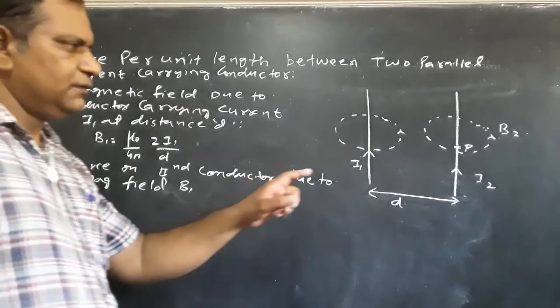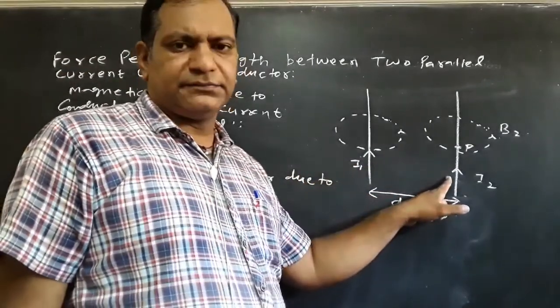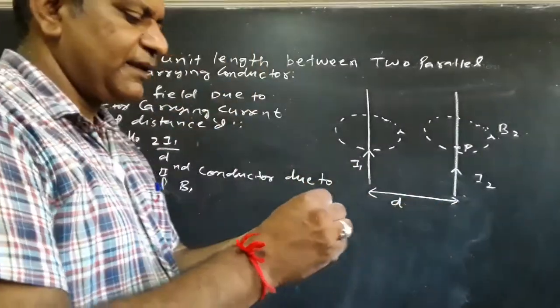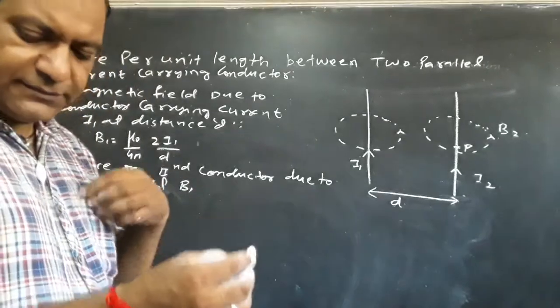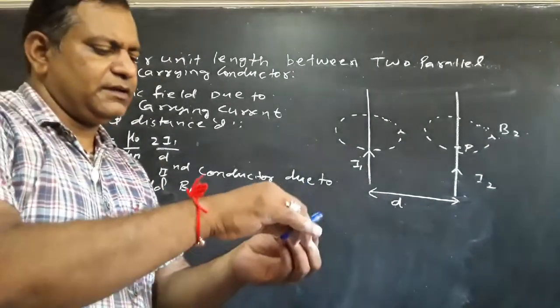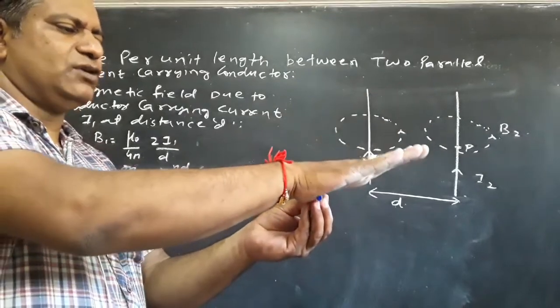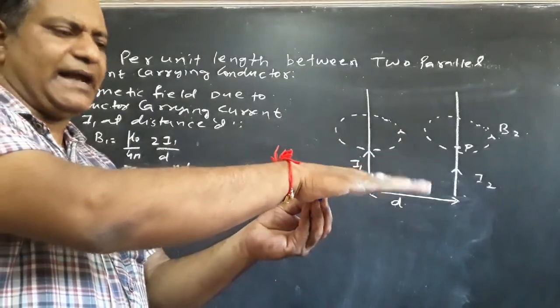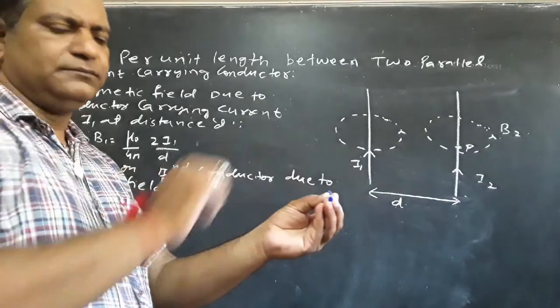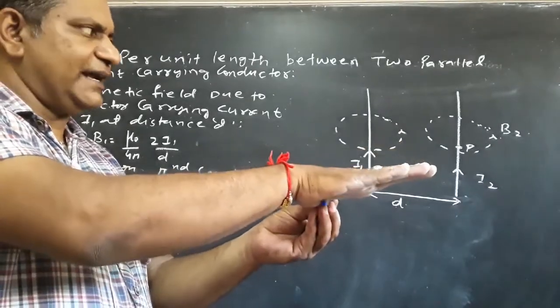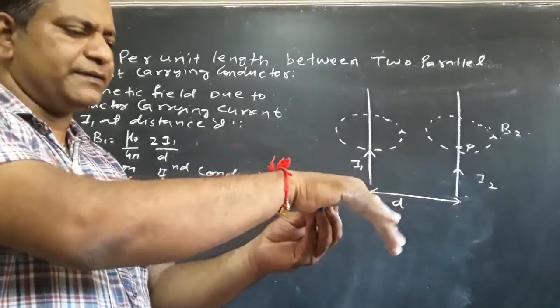Now, in the second conductor, like this. This is the conductor. If the current is flowing, then the direction of the magnetic field is here. The direction of the magnetic field is downward.